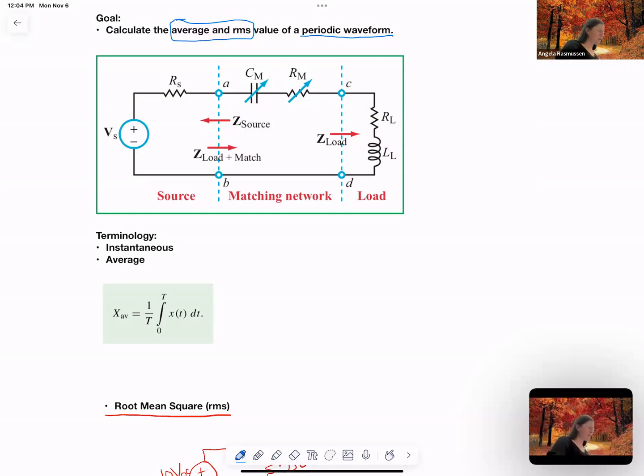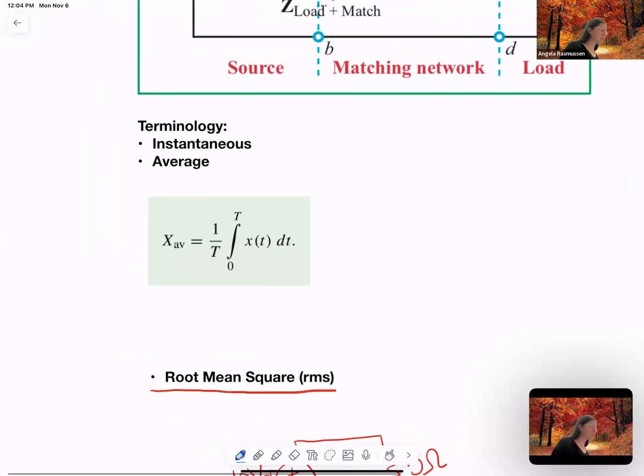Okay. So this is the actual equation to determine that value of the average. It is integrating over a specific time T. What does T usually stand for?